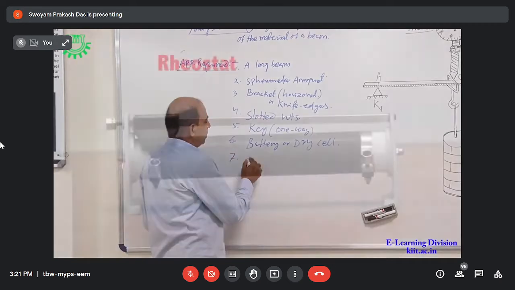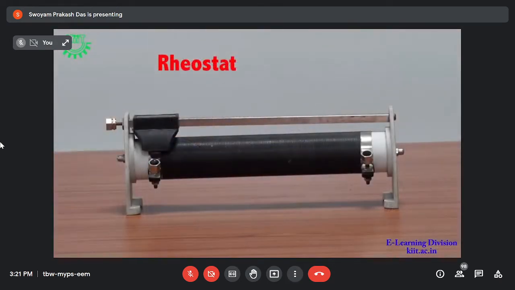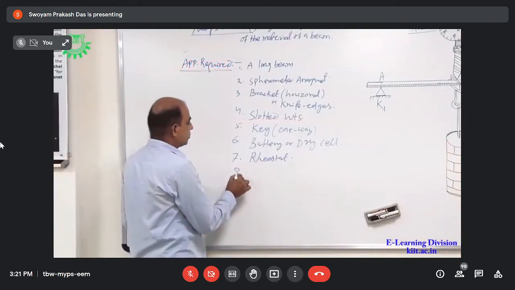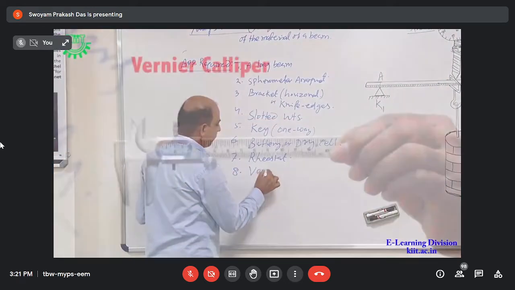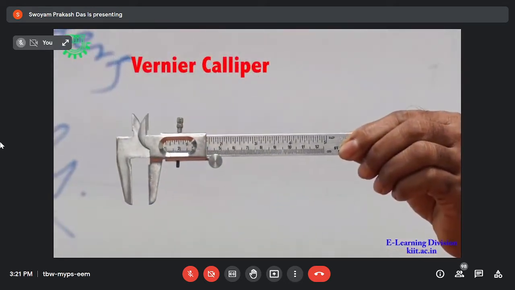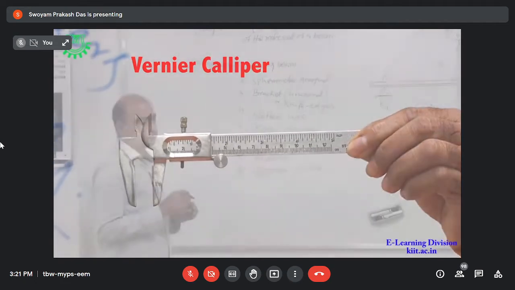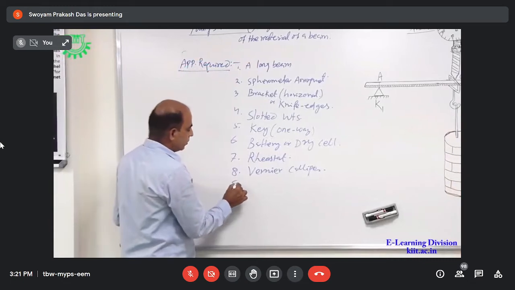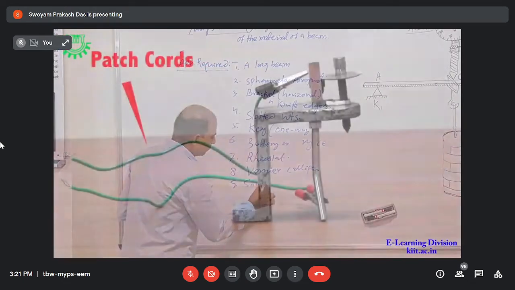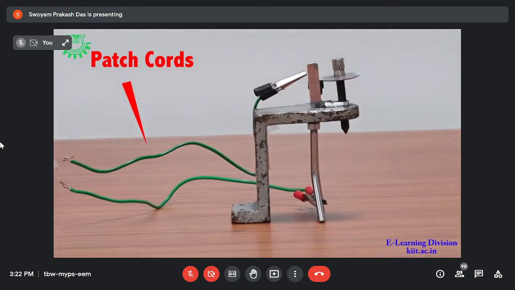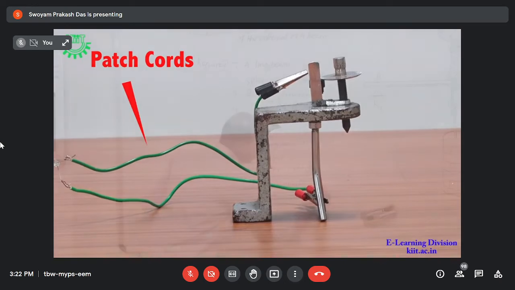Next is rheostat. So next is vernier caliper. And some patch cords or connecting wires.